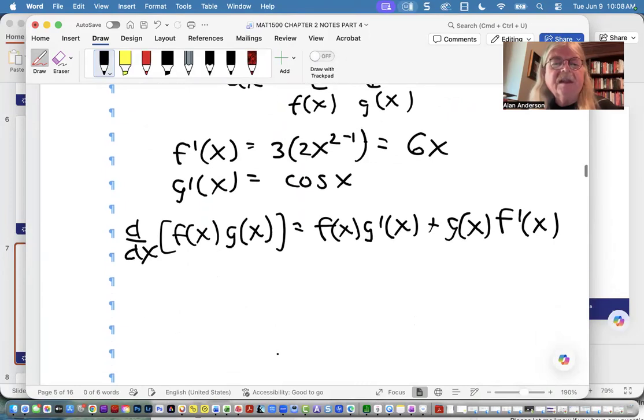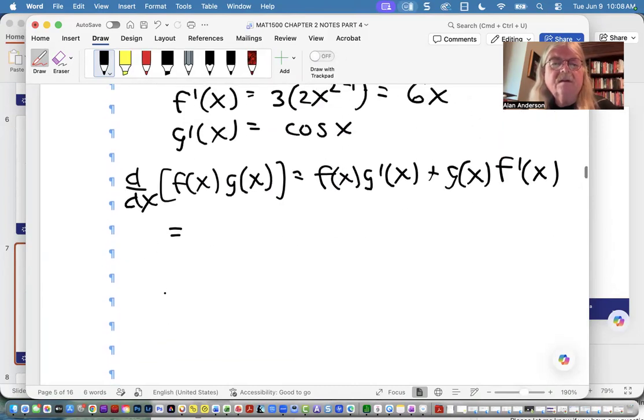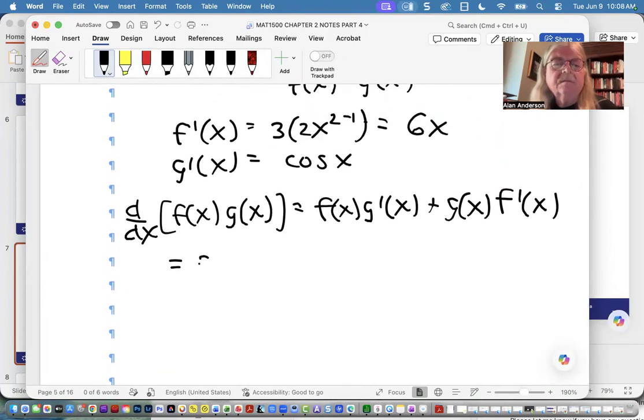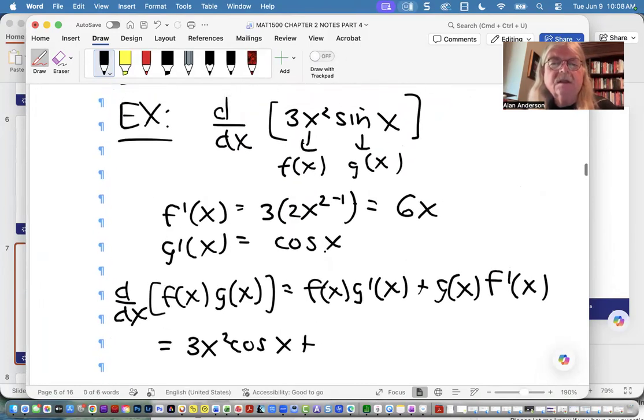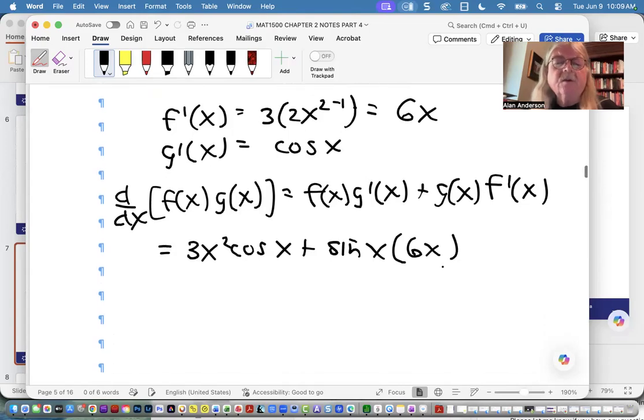And we just plug everything in. So f of x was 3x squared cosine x, and g of x was sine of x. F prime of x, as you can see there, is listed as 6x. And, just by convention, we're going to rewrite it slightly.